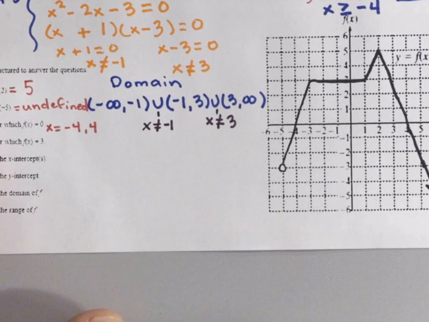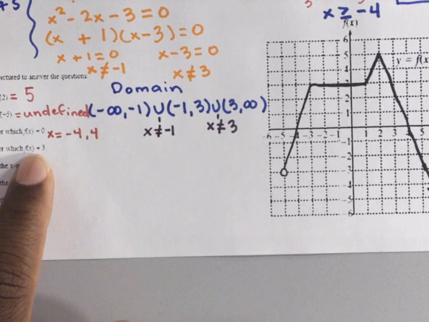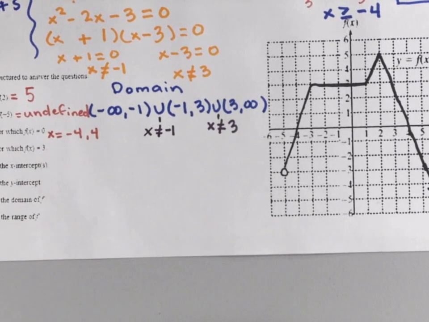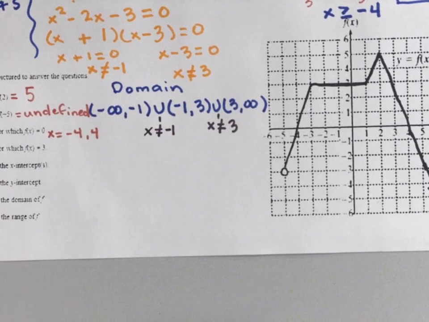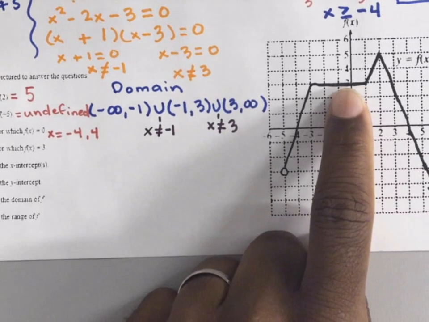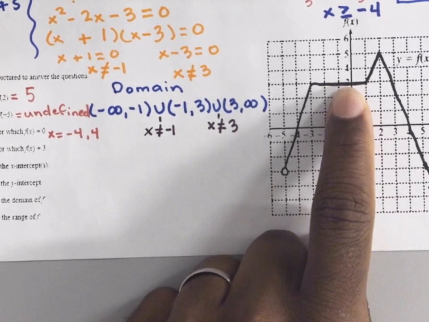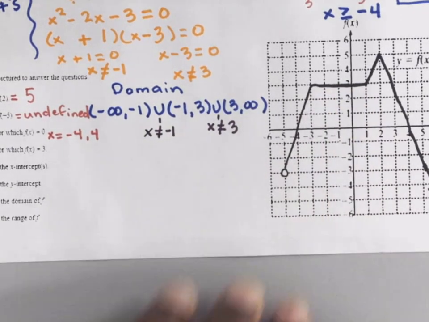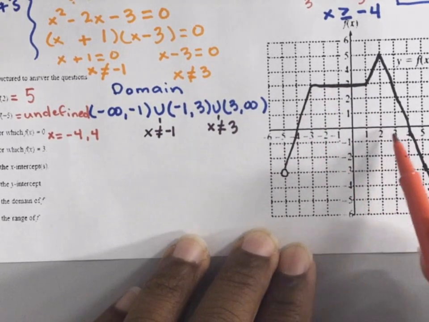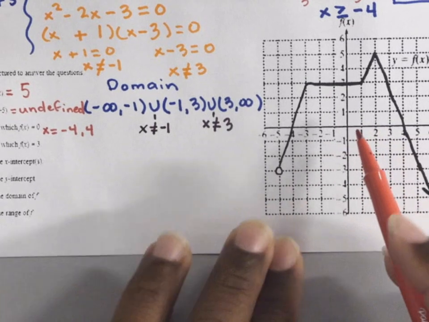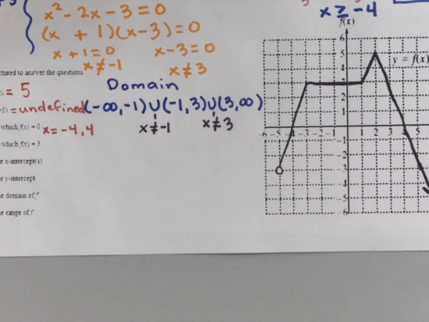Find all of x for which f of x is 3. So when y is 3, what is x, or is there more than one x? When y is 3, so 1, 0, -1, -2, -3. We have a little range of values, don't we?